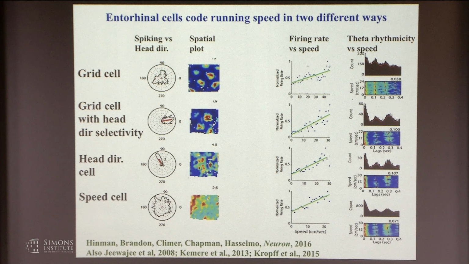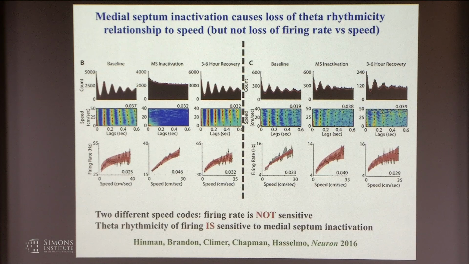So it seems like there are 2 different ways of coding the running speed, and they seem to be differentially sensitive. When Mark Brandon did the medial septum inactivation, in some cases he completely lost the theta rhythmicity of the spiking of the neurons. But even though they lost their theta rhythmicity, they would still show very clear firing rate changes with running speed. In fact, they show better linear relationships to running speed compared to more saturation here.